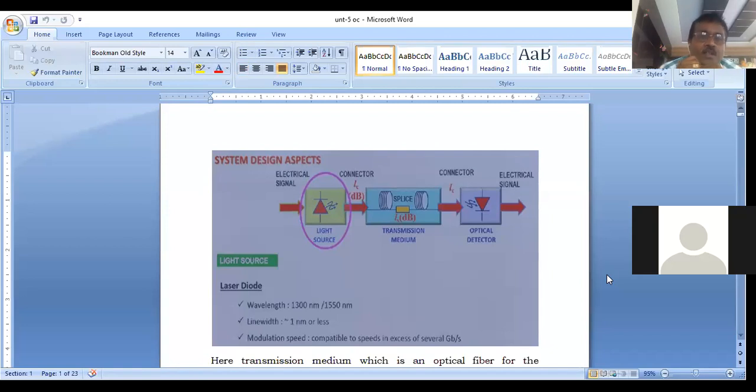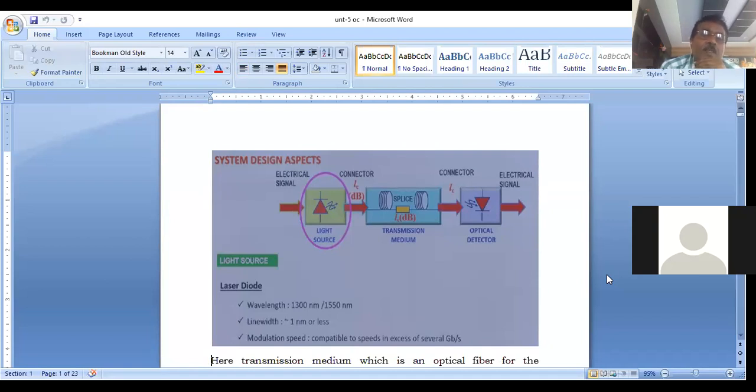The first block is the electrical signal, which is our information. Then it is given to the light source, which is the transmitter, then to the transmission medium, and then to the optical detector.